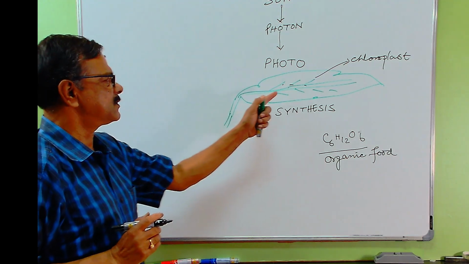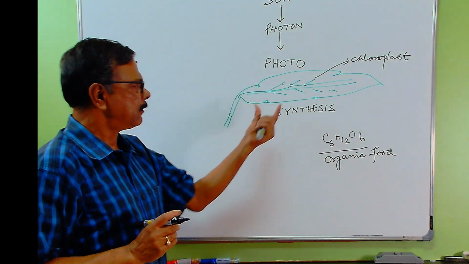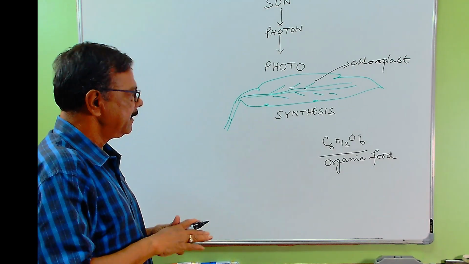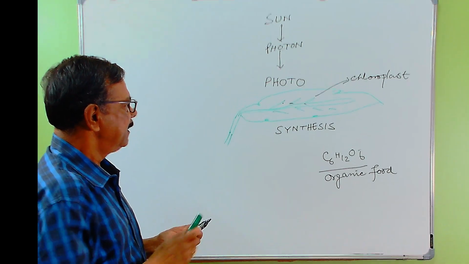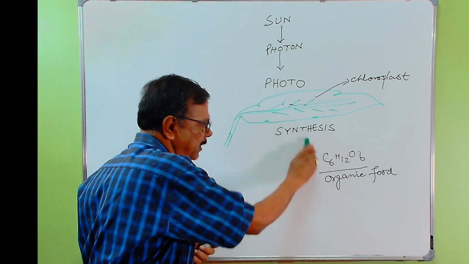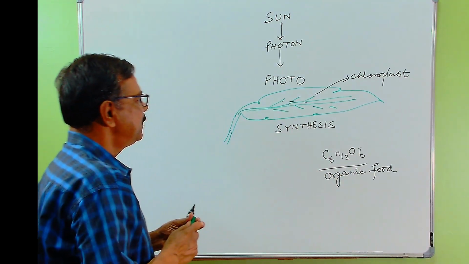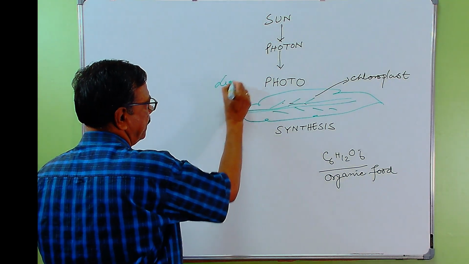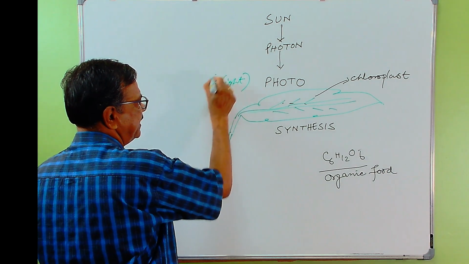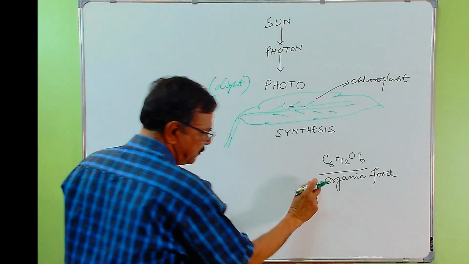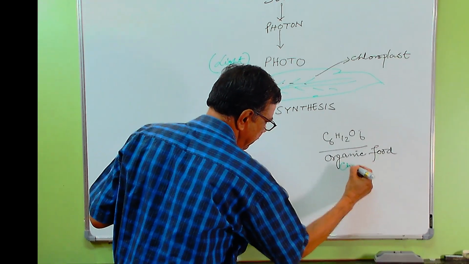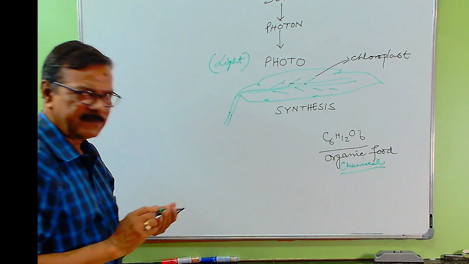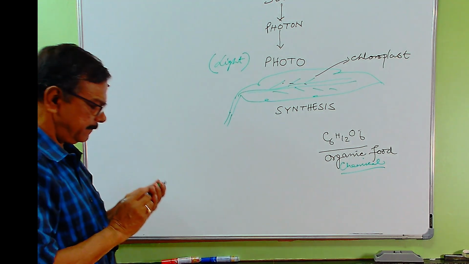When the light hits the chloroplast or chlorophyll-containing cells of the green plant, synthesis goes on to form this. So this is light energy, and light energy is converted to chemical energy. Chemical energy.